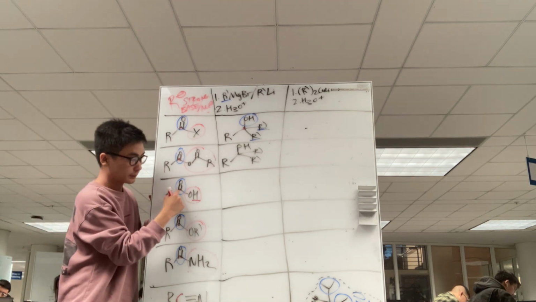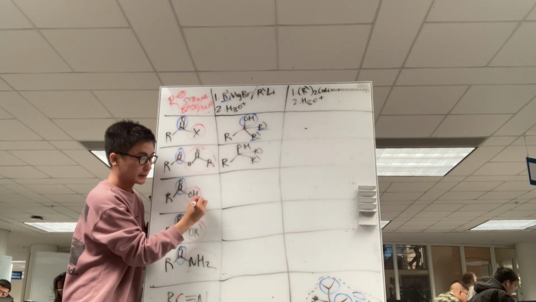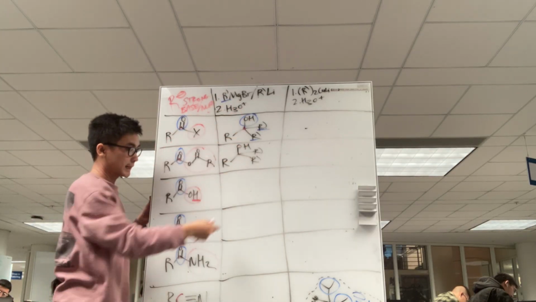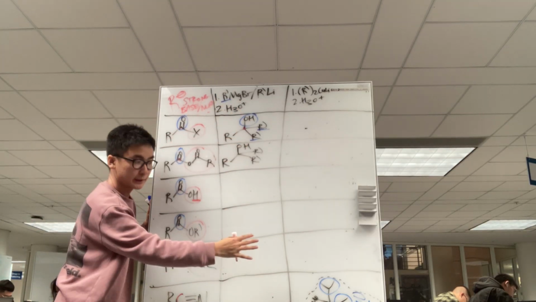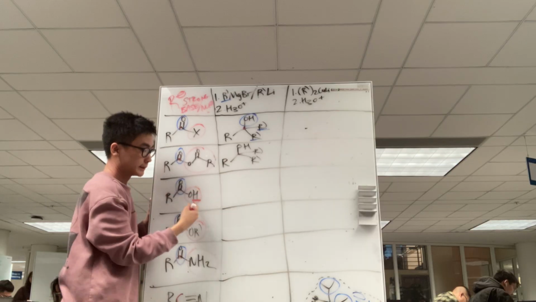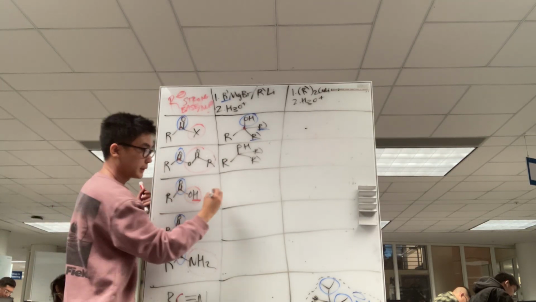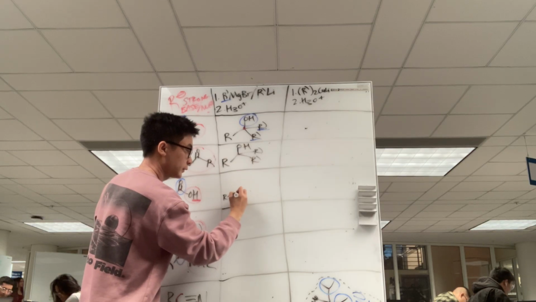So we do have an electrophilic carbonyl here, but we also have an acidic proton here. So instead of the organometallic attacking the carbonyl carbon and doing this whole mechanism here, this organometallic is going to deprotonate the carboxylic acid to get the carboxylate, right?